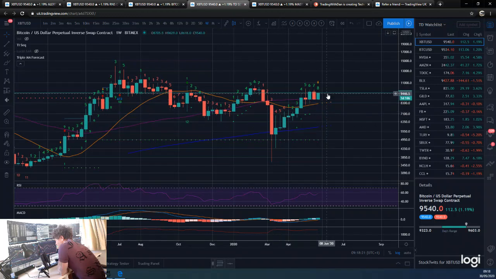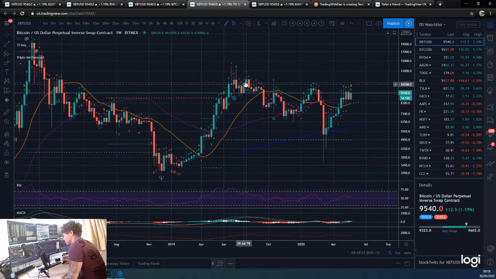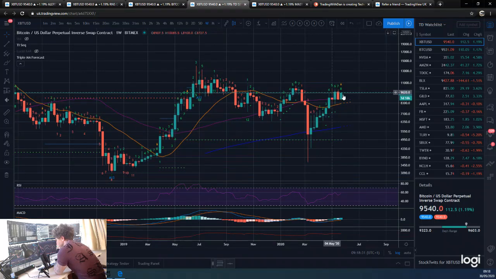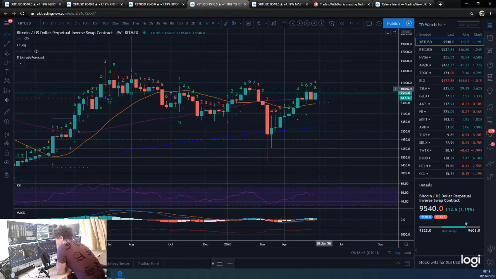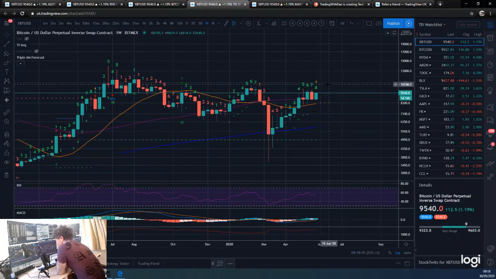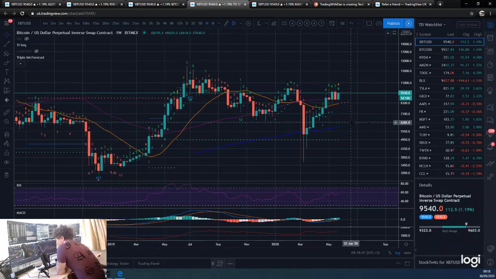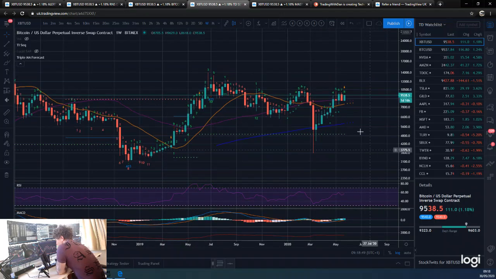From the top of here, we could easily explode to like 13k, which is only really the horizontal level around here. So we could be having a big 9 candle coming this next week. Then we'll have to see if we get some sort of retracement or consolidation, or as the TD sequential says, a 1 to 4 week correction.